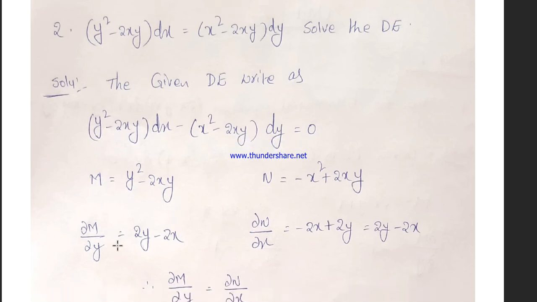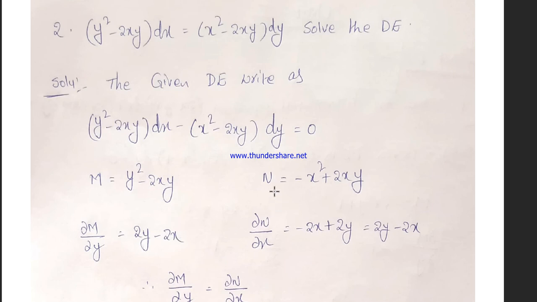After that you need to check dou M by dou y. Here the y square derivative is 2y, minus 2xy derivative is 2x, because 2x is constant and the y derivative is 1. So that's 2y minus 2x.